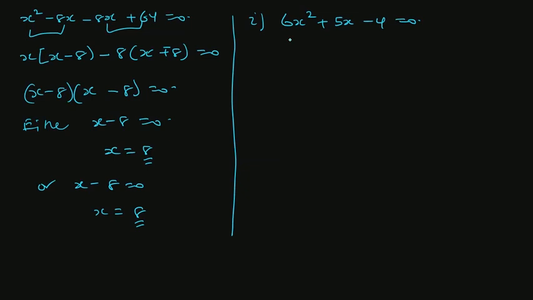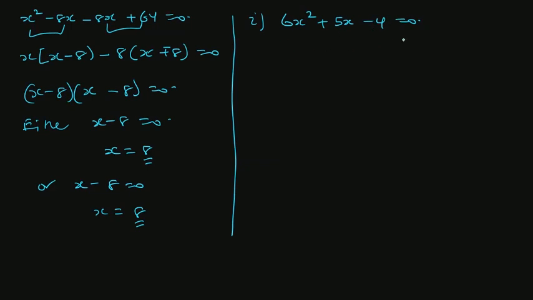What is interesting here is that the coefficient of x squared is not 1, like in the previous questions. So what do we do in such a case? If the coefficient of x squared is not 1, multiply it with the constant term.